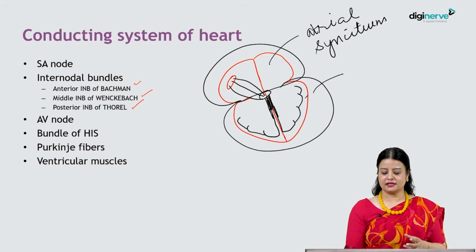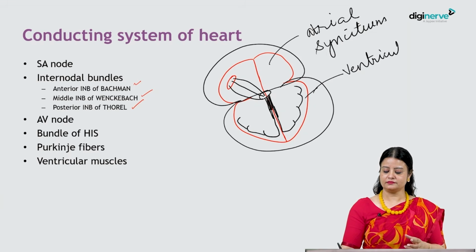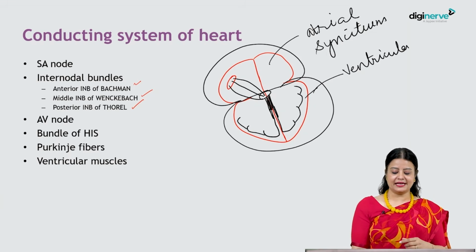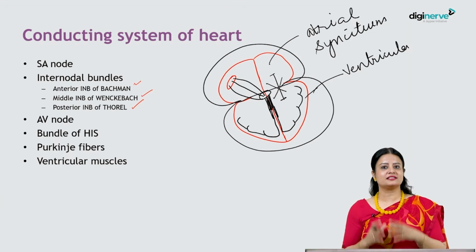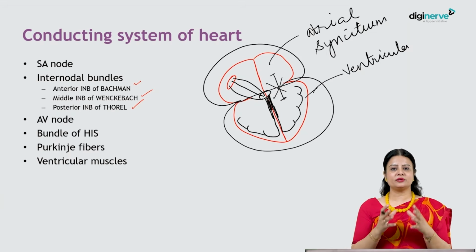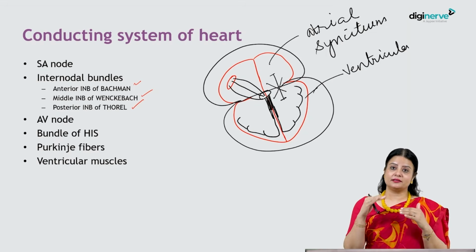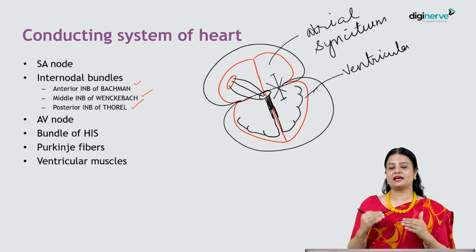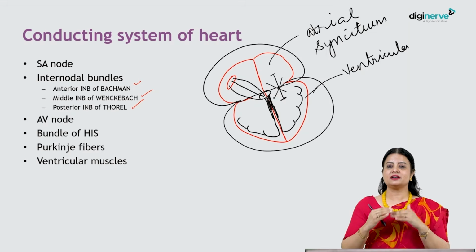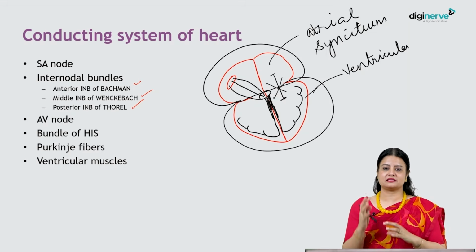Similarly, this becomes the ventricular syncytium. But the atria does not communicate with the ventricles directly. It has even been thought that there is a fibrous skeleton in between the atrial syncytium and the ventricular syncytium separating the two muscle masses.